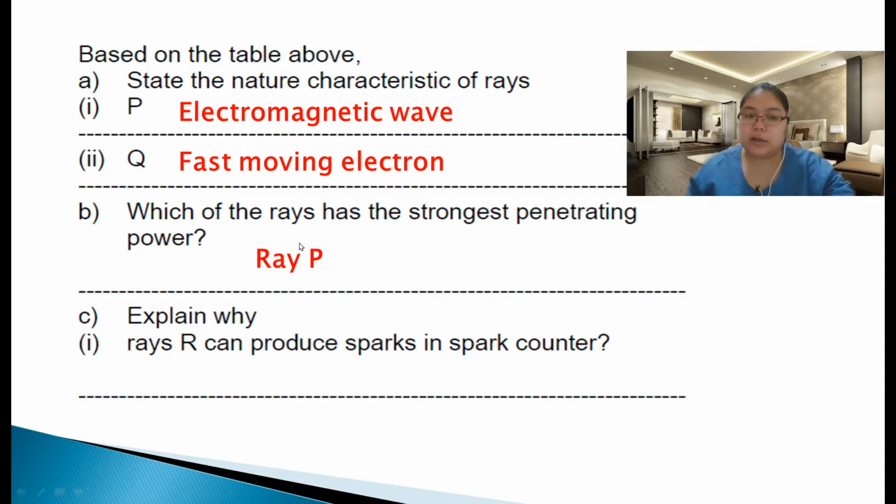That's why you can see the spark produced, because of the collision. So we answer why ray R: ray R is alpha, so it can produce a spark in the spark counter. The reason is that ray R has a high ionization power, a strong ionization power.